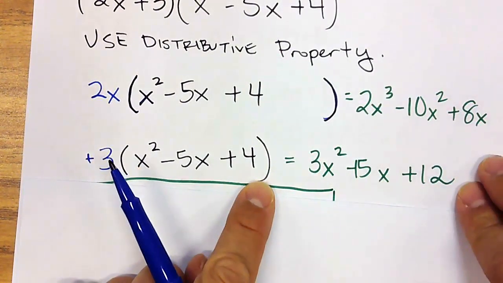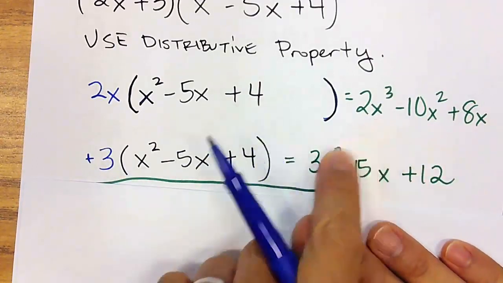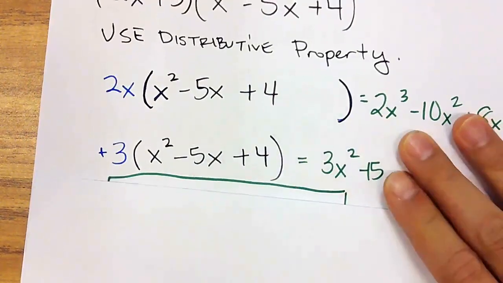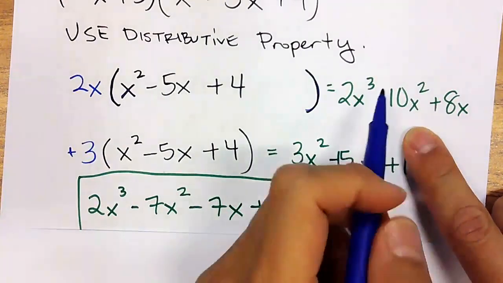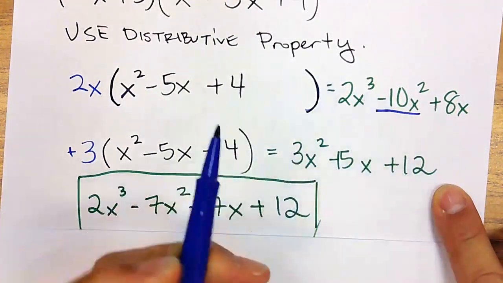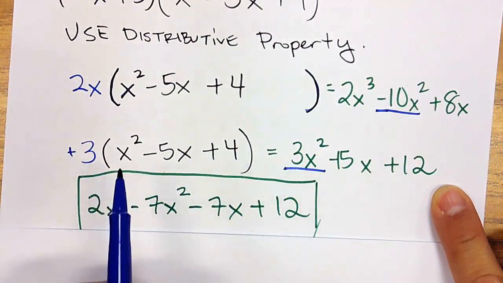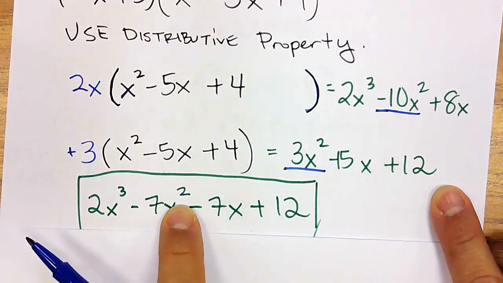And then from here, all we're going to do is gather the like terms. I don't see an x cubed anywhere, so it's just 2x cubed. I see a negative 10x squared, a positive 3x squared. So negative 10 plus 3, that's negative 7x squared.